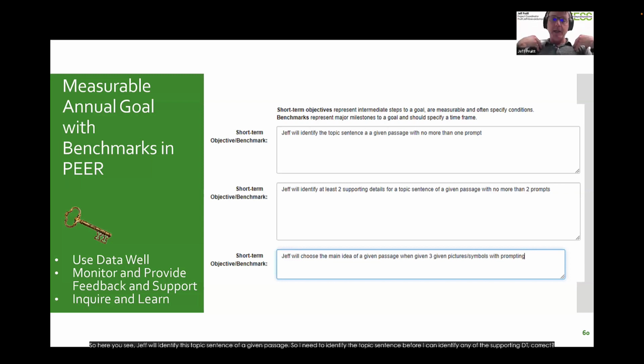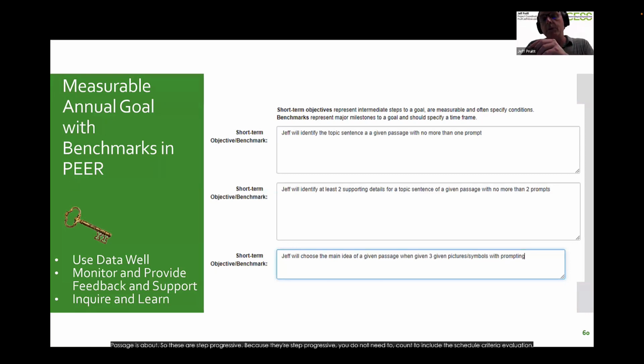So I need to identify the topic sentence before I can identify any of the supporting details, correct? And then after identifying the topic sentence and at least two supporting details, I can tell you what the main idea, what the gist of that passage is about. So these are step progressive.